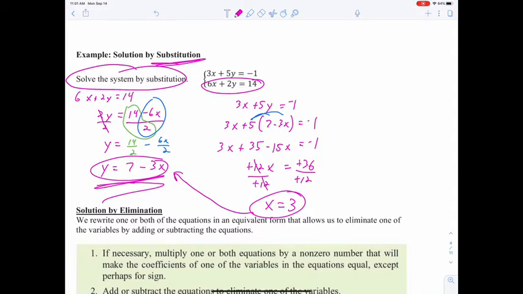So we've got y equals 7 minus 3x. And we're going to plug in that 3 that we just found. So y equals 7 minus 3 times 3. So y is 7 minus 9, which is -2.